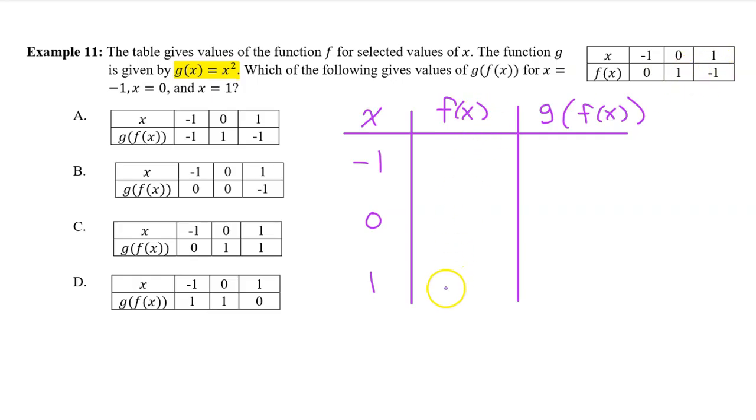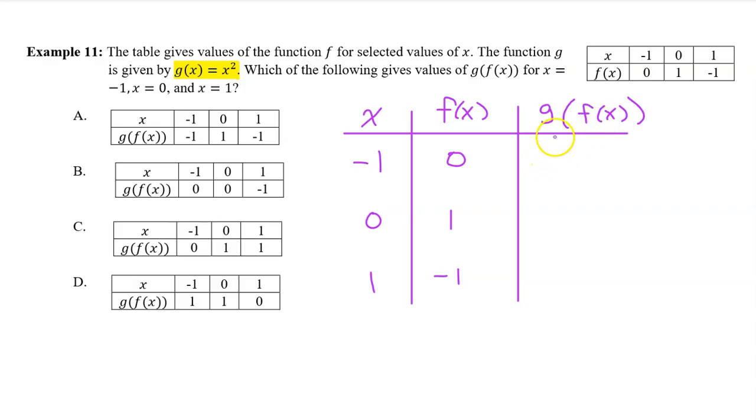I'm just going to copy it sort of vertically. So at -1, f of x is 0, at 0, f of x is 1, and at +1, f of x is -1. Our goal is to find the value of the composite function g at f of x.